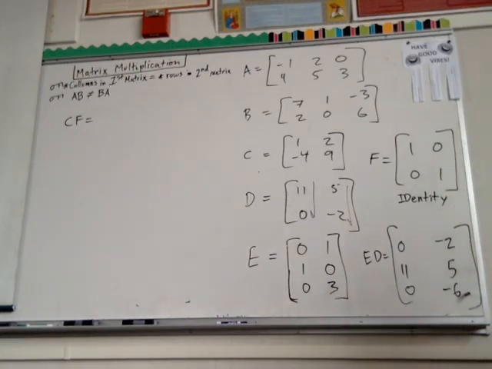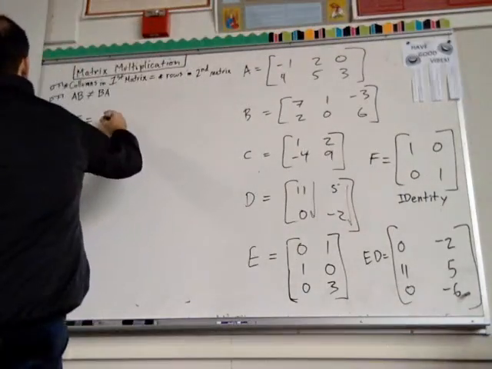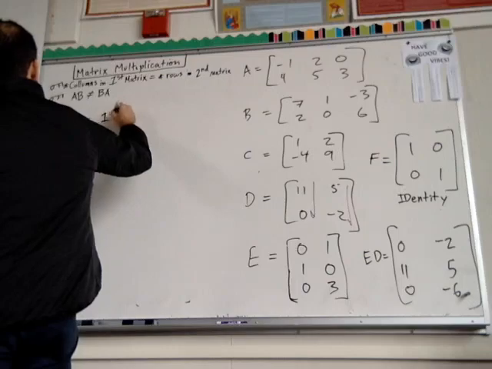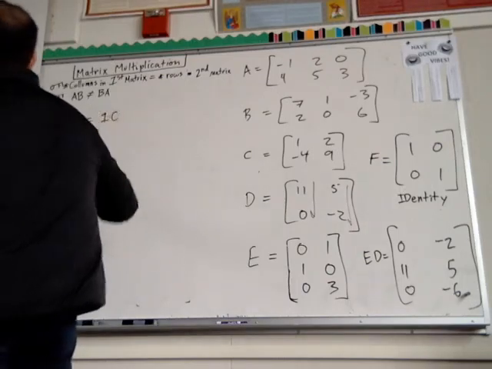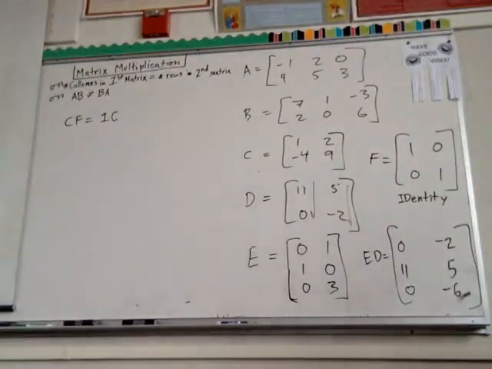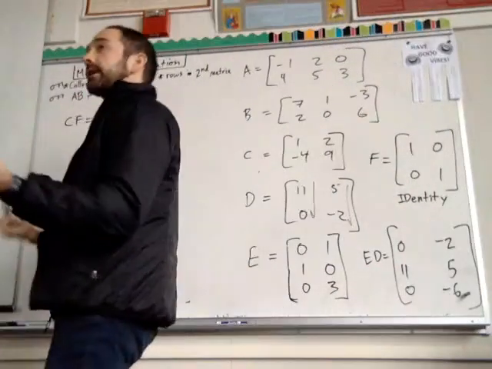And when we multiply it, what we're going to try to see is CF equal to 1C. So a scalar of 1. The identity property means, if you have 8, you multiply by 1, you get 8. If you have x squared, you multiply by 1, you get x squared.